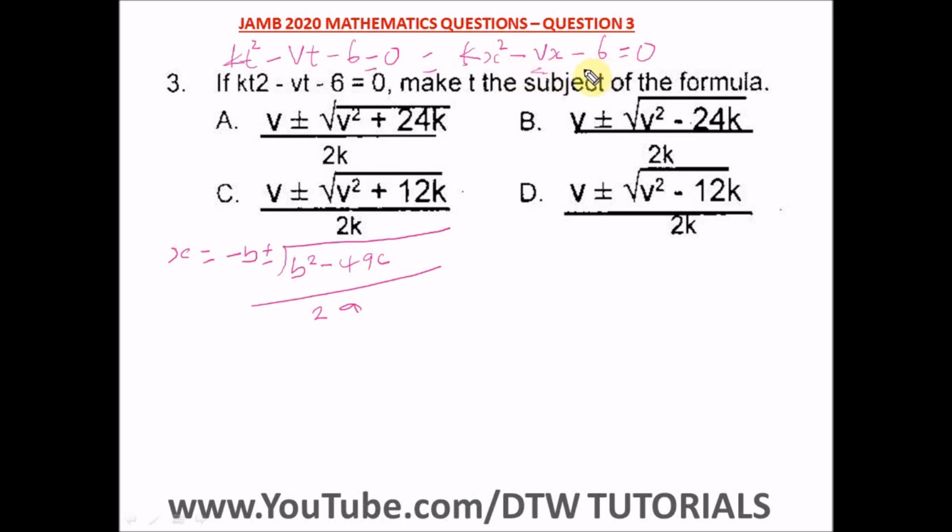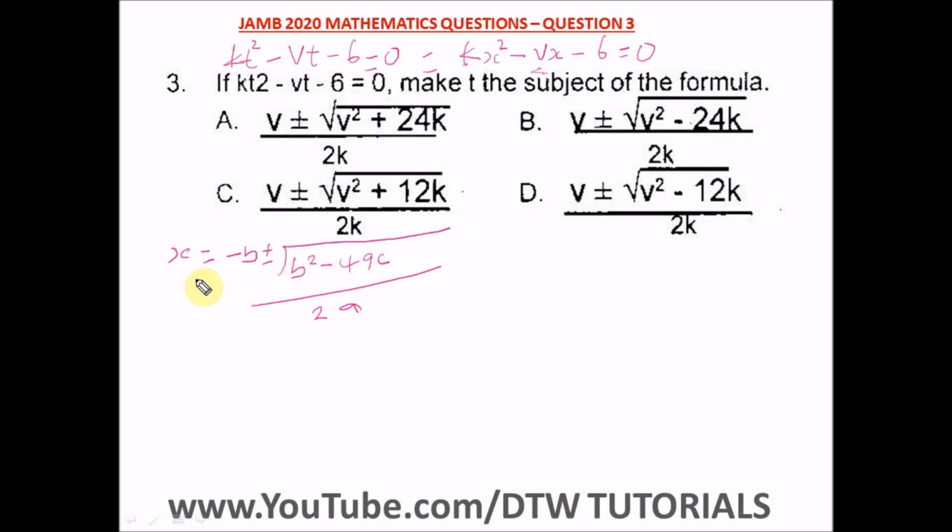This is our c, the sign that goes with it is negative. So when we are picking up variables, make sure you pick the signs along. So now we have x equals minus b plus or minus square root of b squared minus 4ac over 2a. That's our almighty formula.